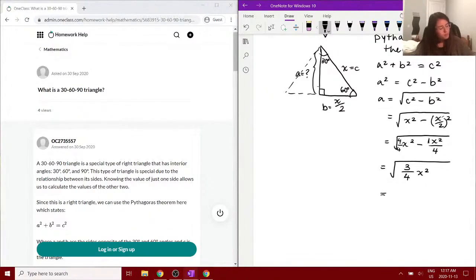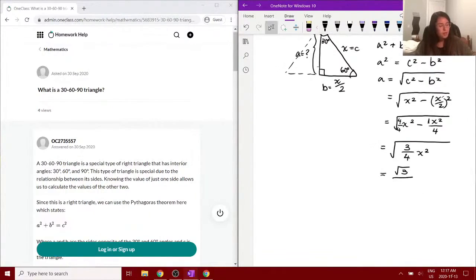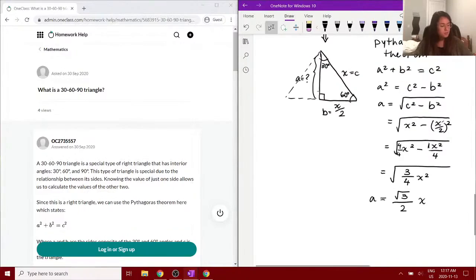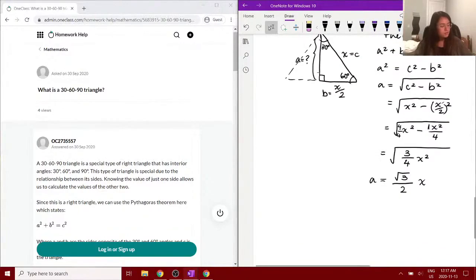And then if we apply the square root, you can't take the square root of 3 without getting rid of the integer, so we'll just leave it as the square root of 3. But the square root of 4 is just 2, and the square root of x squared is just x. So we get that side a is equal to square root 3 over 2 x.